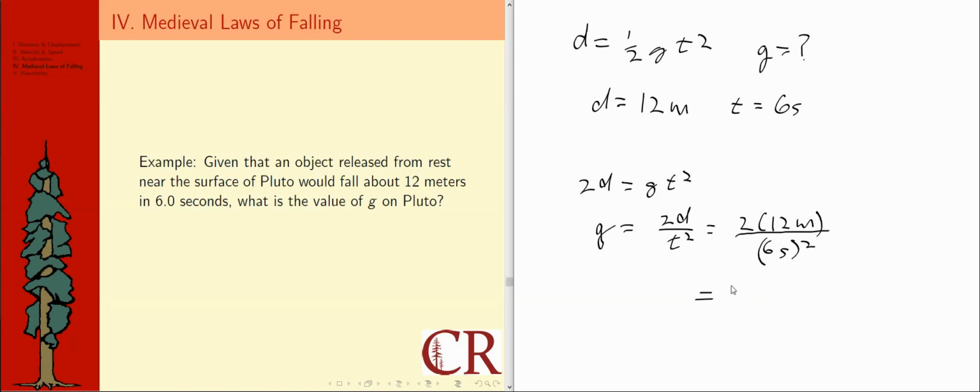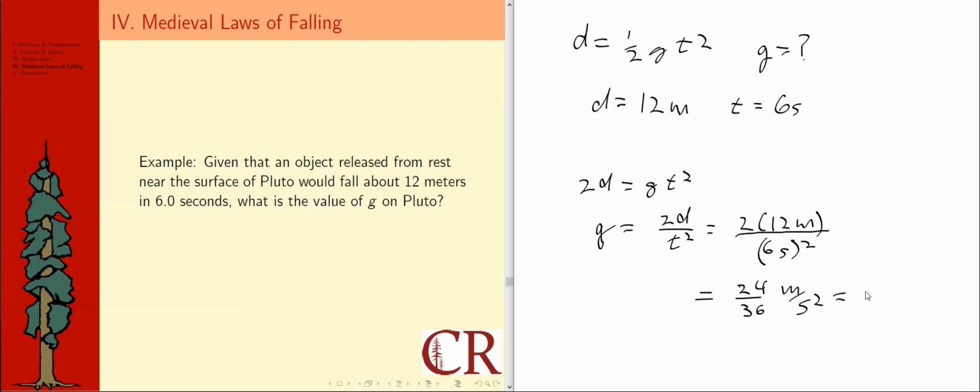That's 24 over 36. And if I check the units here, this is meters per second squared, which is what I expect. It's supposed to be an acceleration.